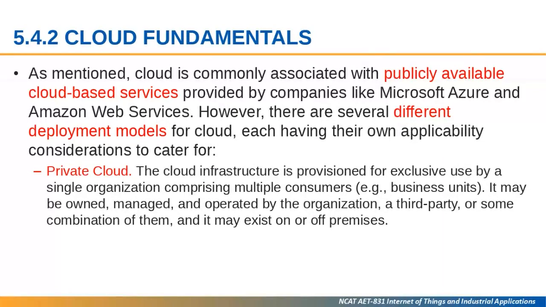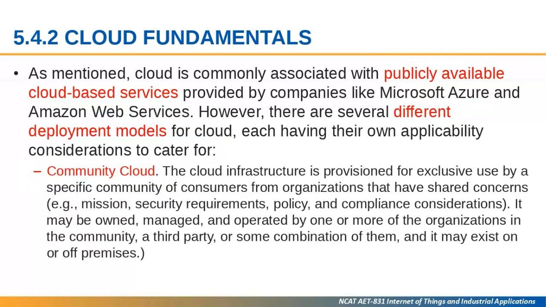Cloud is commonly associated with publicly available cloud-based services like Microsoft Azure and Amazon Web Services. However, there are several different deployment models for cloud. We have the private cloud, which is usually used only within a building, within your house, or maybe within a university. And we have the community cloud.